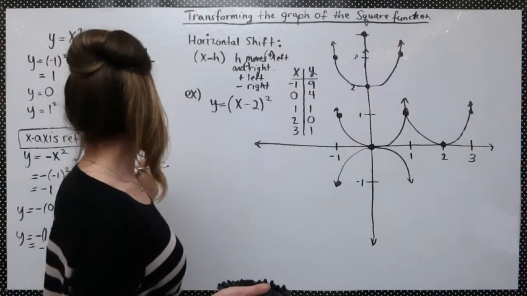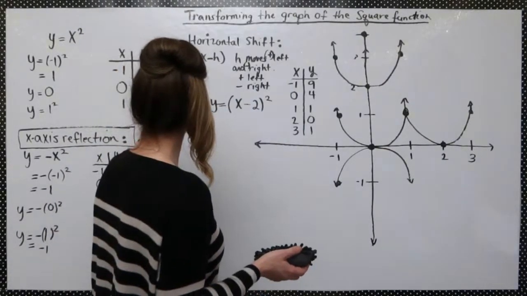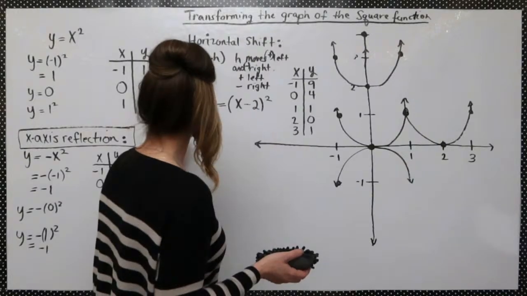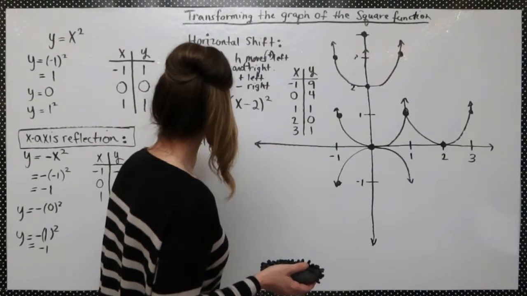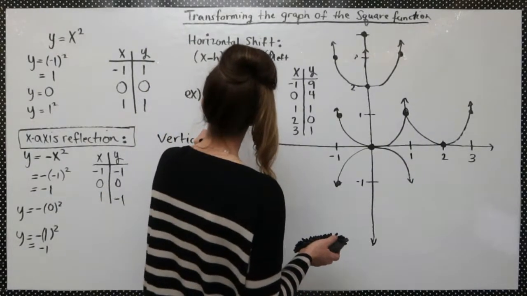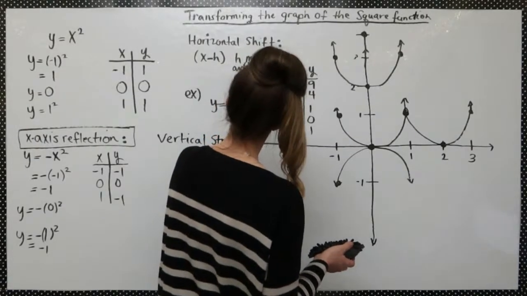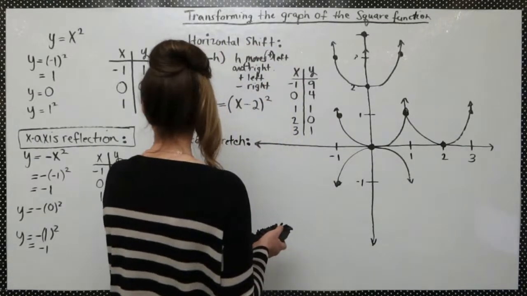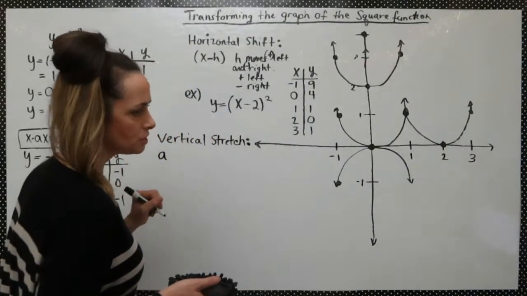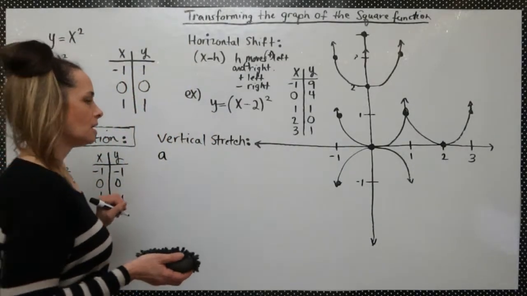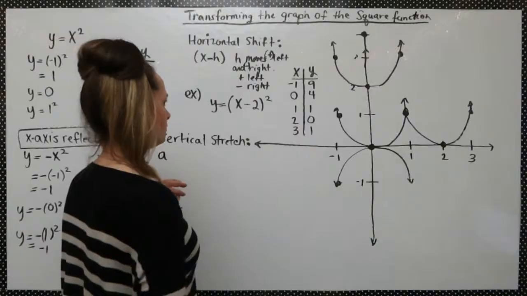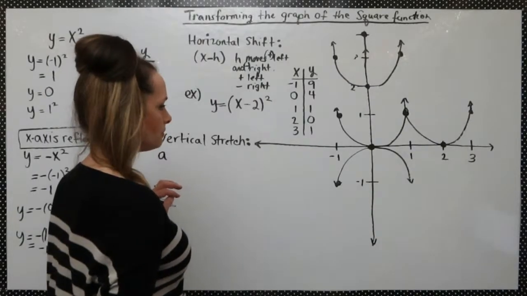And so we'll put that on here for the vertical stretch. And what that is, it's an A value. And we'll put all these transformations together here in just a minute. And I'll make a pretty graph with all of them. We'll just make up a function.